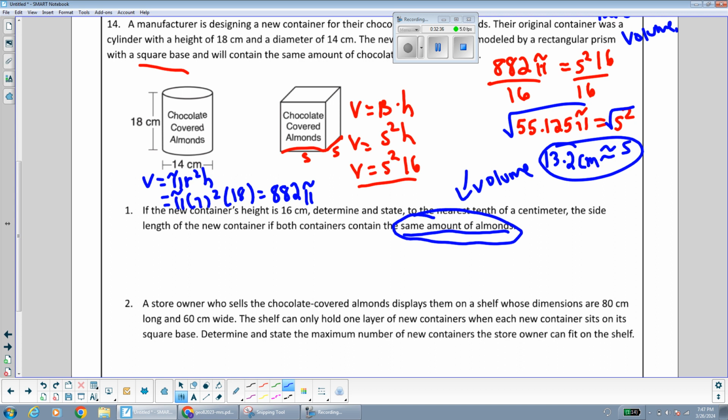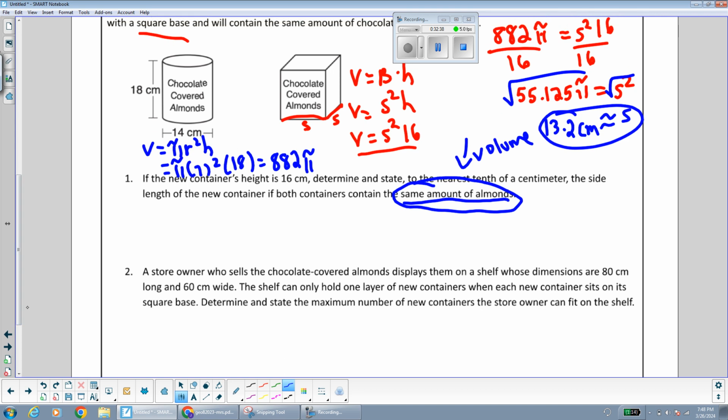So we're going to do that same process that we did with that baseball question. The dimensions of the shelf are 80 centimeters long and 60 centimeters wide. And that does matter because the length and width of the container is going to determine how many containers can go on that shelf.